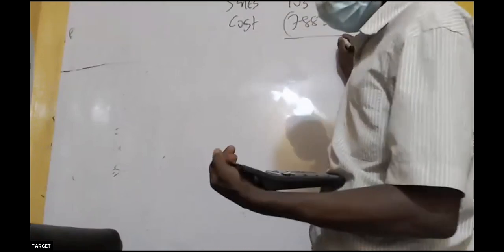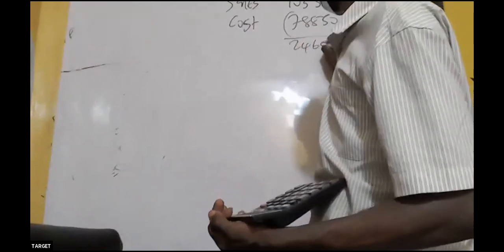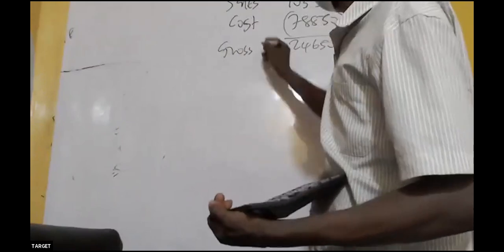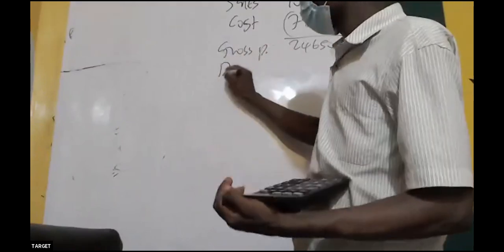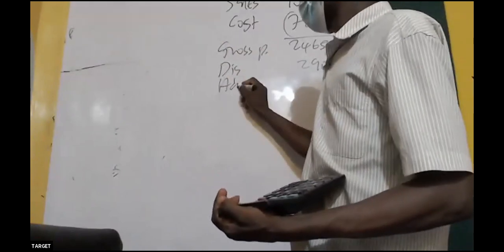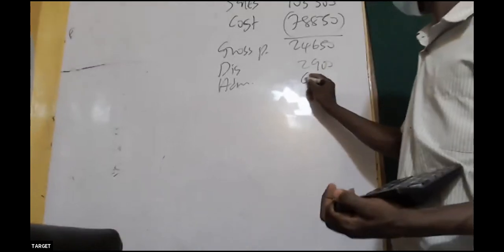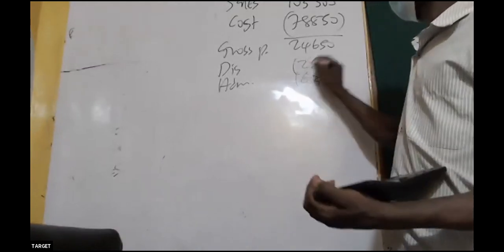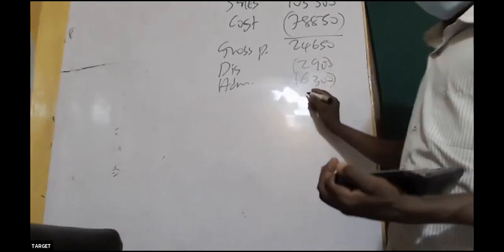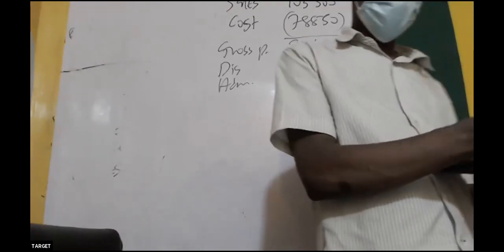My gross profit is 24,650. That's my gross profit when I do the subtraction. My distribution, I'm getting 2,900. My admin, I'm getting 6,300. So when I subtract this, I'm getting 15,400.